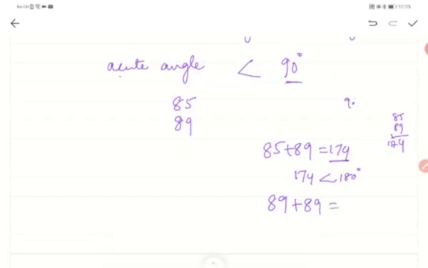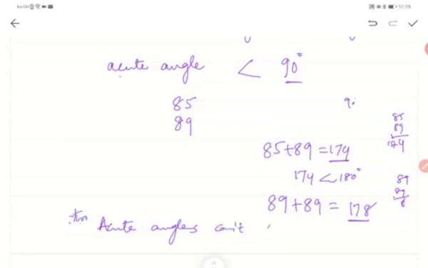You will almost get 178. So even these two angles are less than what is needed to become supplementary. Therefore, two acute angles can't form a supplementary pair, isn't it?